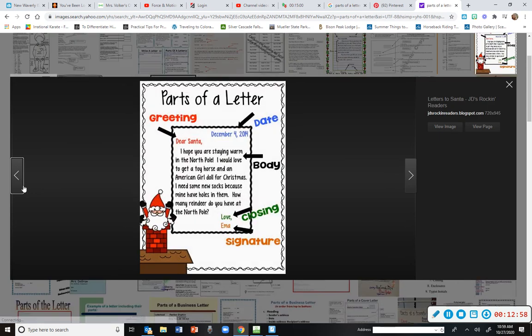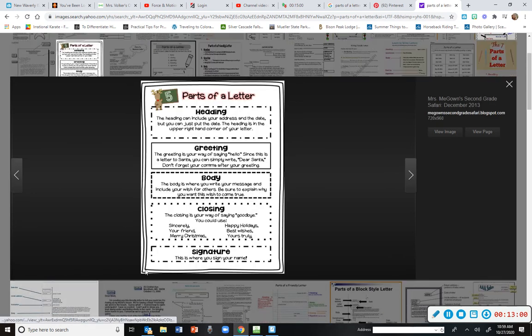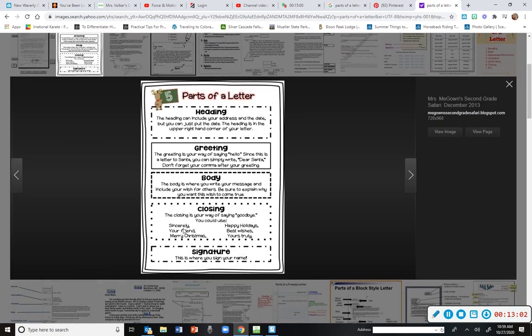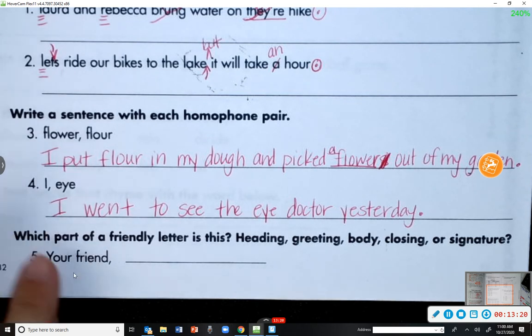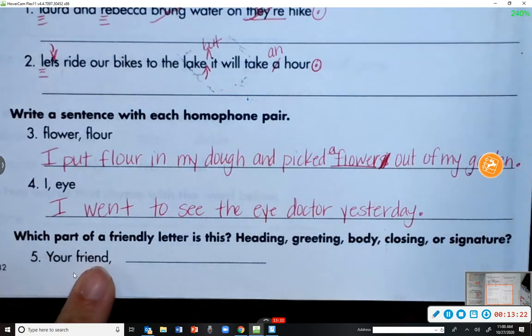Okay. But if it says your friend at the bottom of a letter, that's your closing. Can y'all see that? Yes. So your closing is when you're getting ready to sign your letter and end it. So you're saying, sincerely, your friend, or best wishes, yours truly. So this would be your closing.